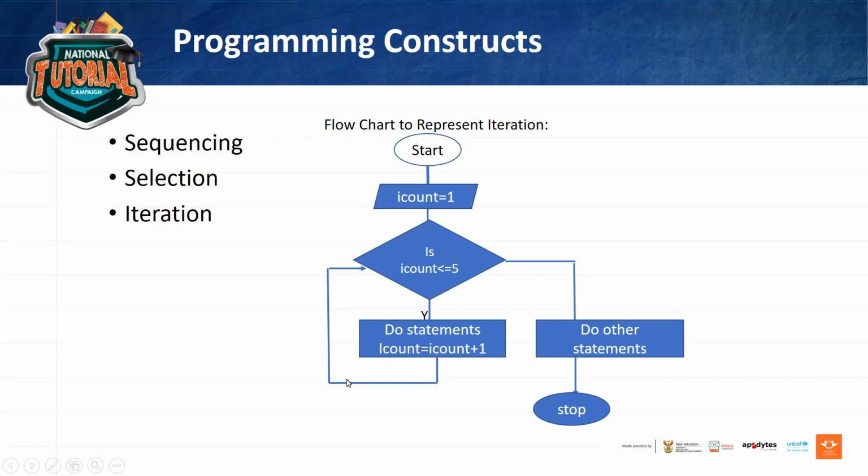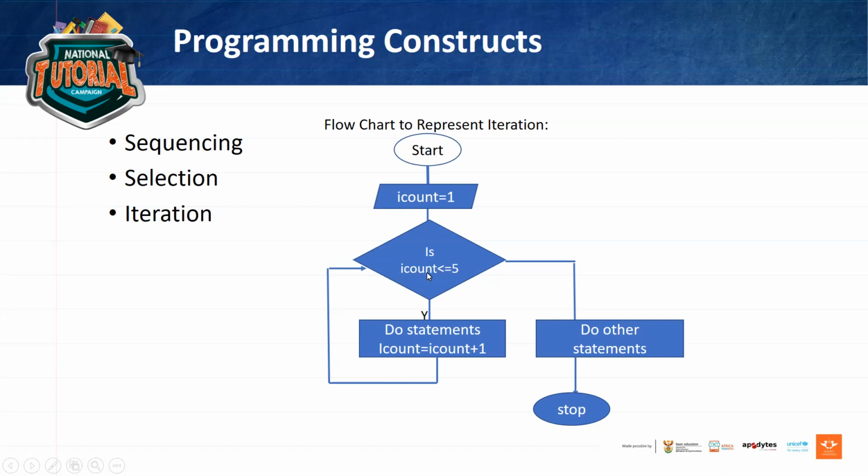Then this loops back, it repeats, going back to testing whether I count is less than or equal to 5. I count has increased by 1, it goes back here, I count is now 2. It tests there, I count is still less than 5, it will do those statements, increase I count again to 3, loop again. After looping again, I count goes to 4, it's still less than 5, and then it does the statements, increases I count to 5.